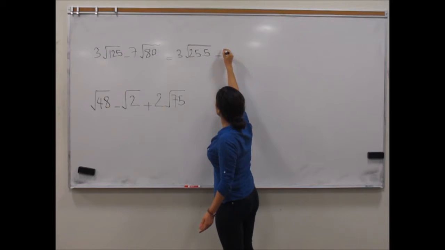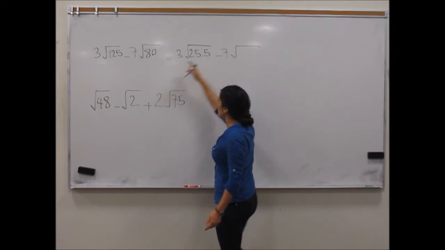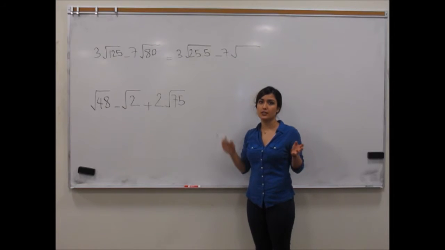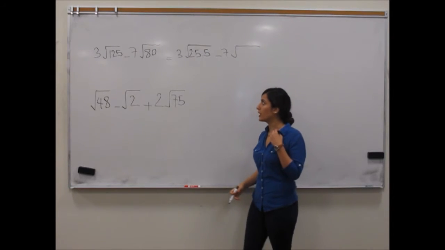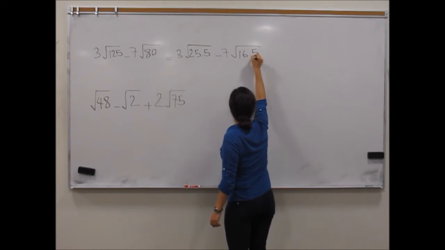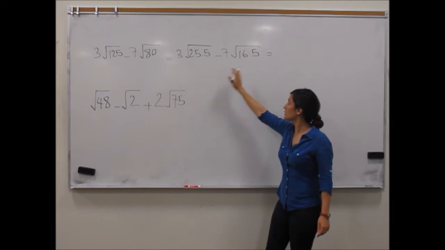And then in the second one, instead of 80, I can write it as 16 times 5 because the largest perfect square in 80 is 16. And then I'm going to break down each radical.